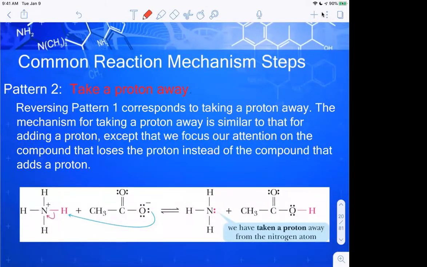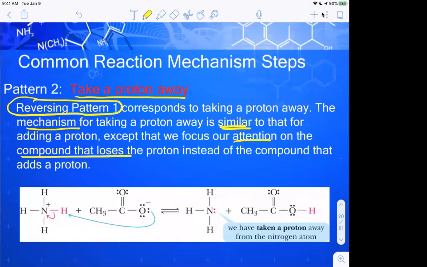Okay, now I'm in pattern 2, right? Which is take a proton away. So this is actually reversing pattern 1, where I end up taking a proton away instead of adding a proton. The mechanism for this is very similar to what we just learned, except now we're going to focus our attention on the compound that loses a proton instead of the compound that adds a proton.